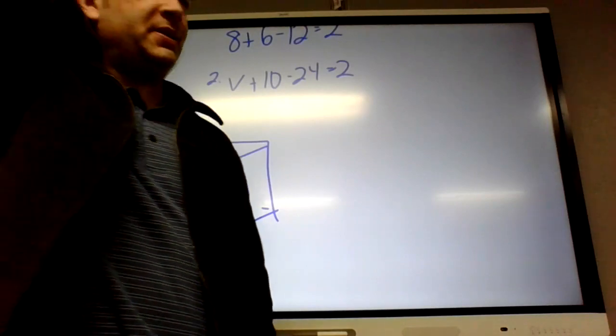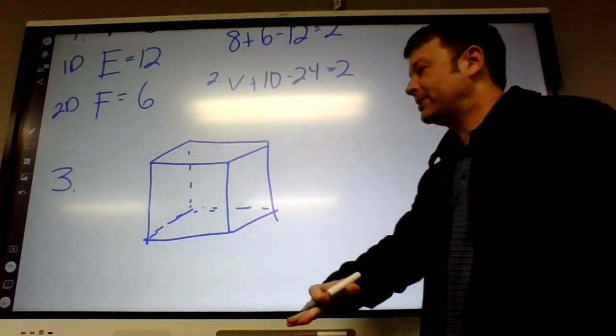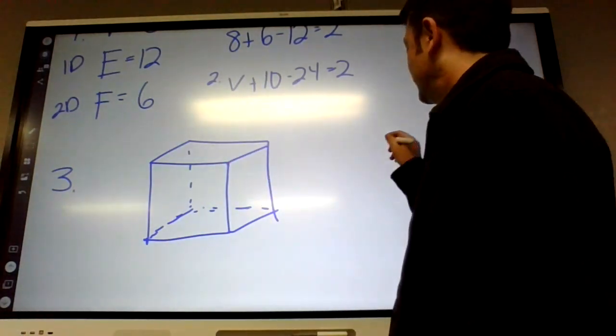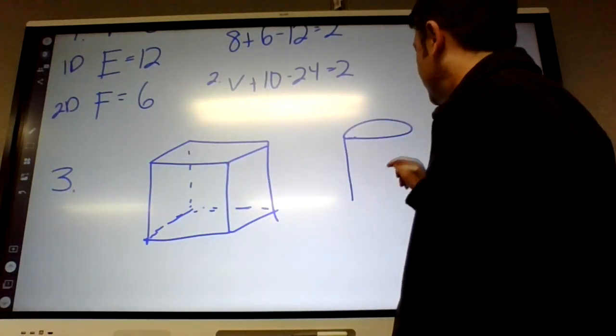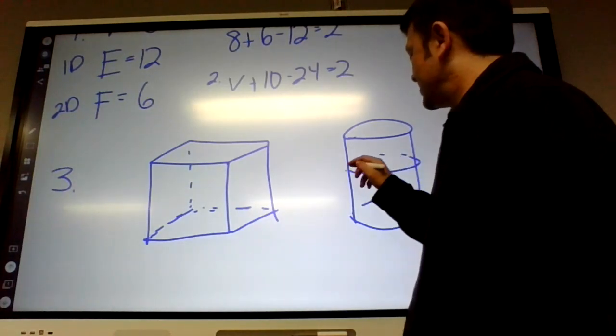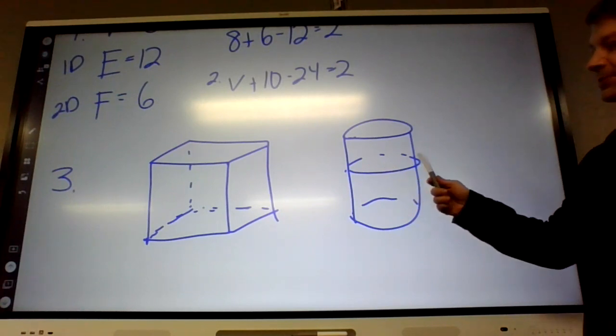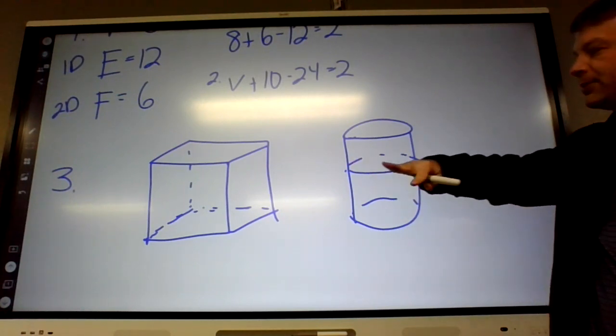The first lesson in this chapter, remember we did some drawing and we cut a horizontal slice out of a cylinder and it makes a circle when you do that. That's what they mean by cross section.